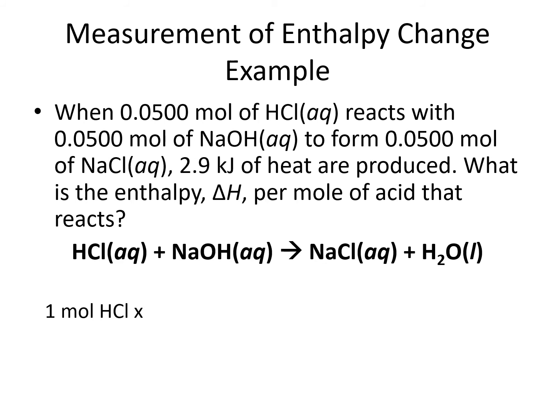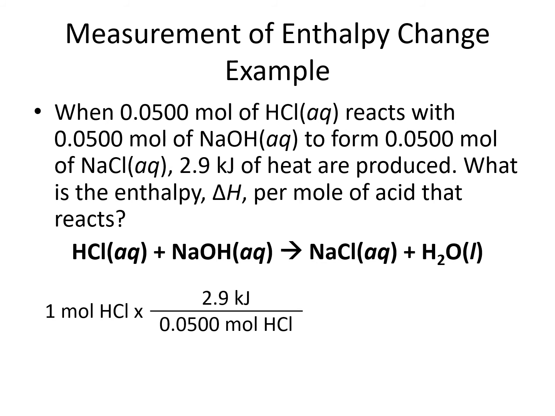And then we'll use the relationship between moles of acid and kilojoules of heat that we know from the reaction that was done. So for the reaction that was actually done, there was only 0.05 moles of acid put in, and only 2.9 kilojoules of heat were produced.